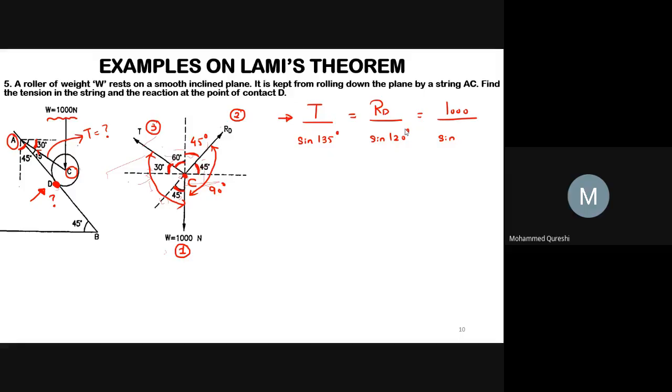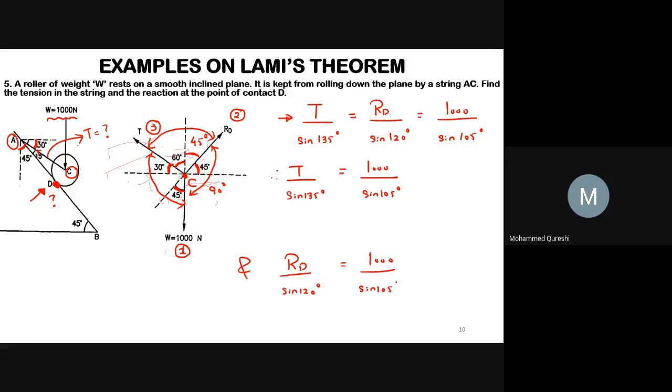And 1000 upon the sine of the angle between the other two, means 45 plus 60, so it will be 105 degree. Now T upon sine 135 degree equals 1000 upon sine 105 degree, and RD upon sine 120 degree equals 1000 upon sine 105 degree.